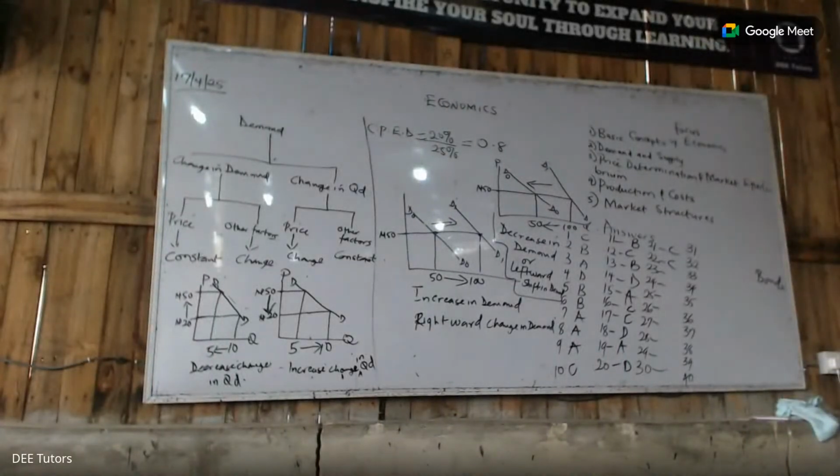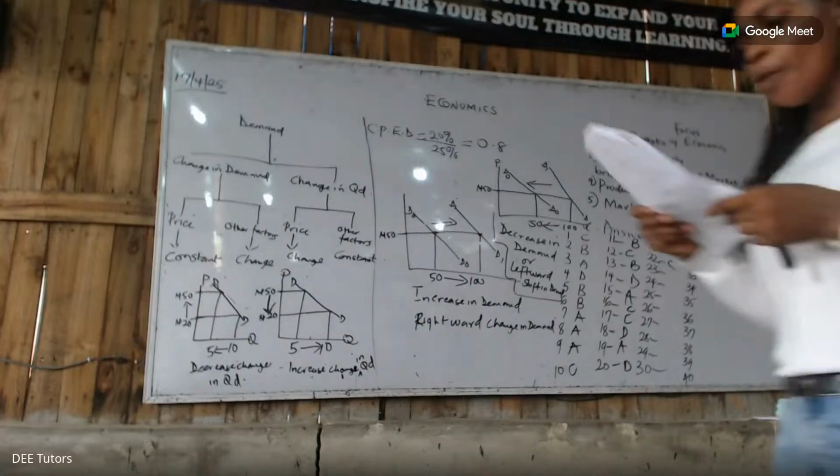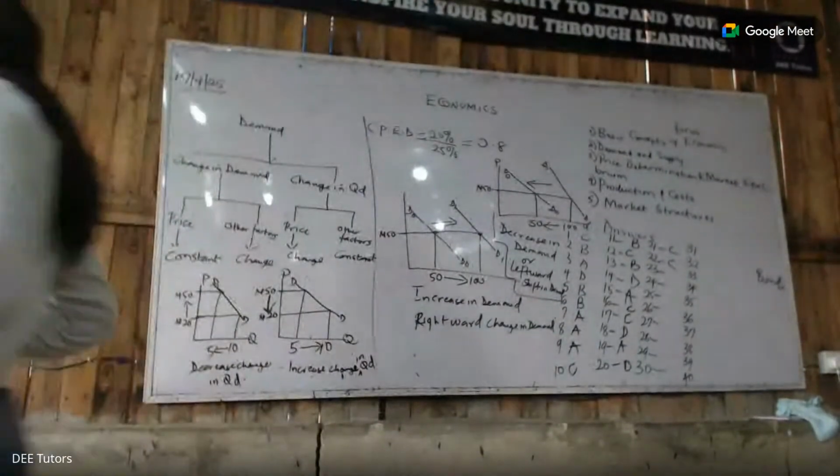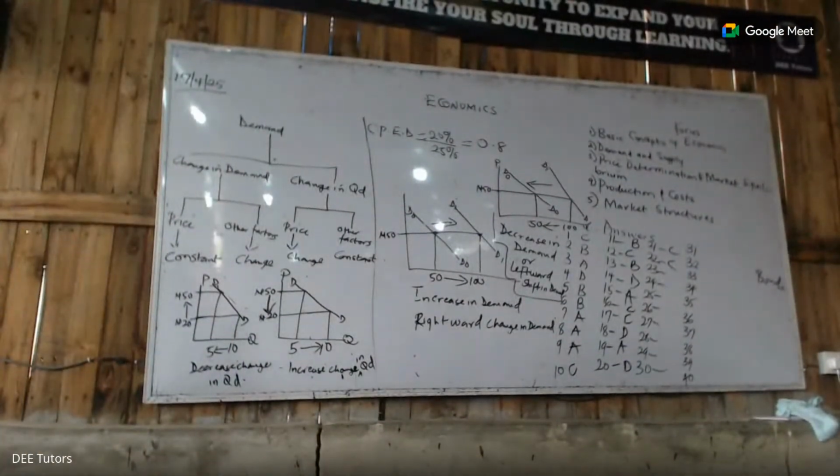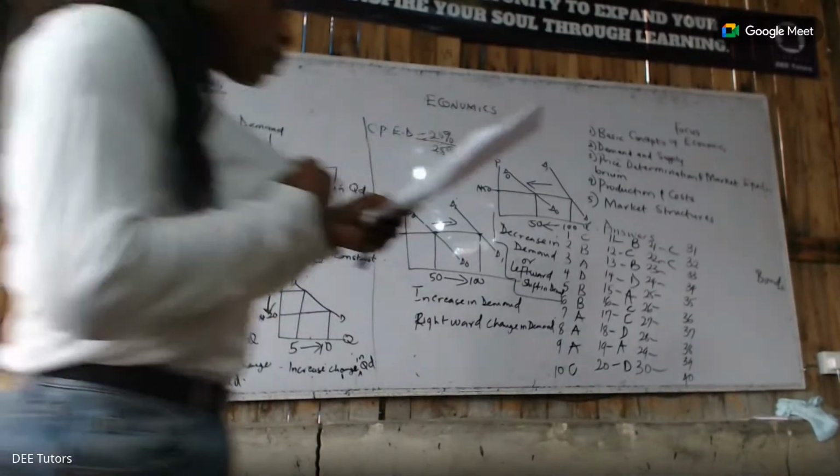Infinity, okay? Any other contrary opinion? What do you pick, my brother? I need you to be sincere with me. Number 23. Perfectly elastic. That's what you pick. I can defend my answer.